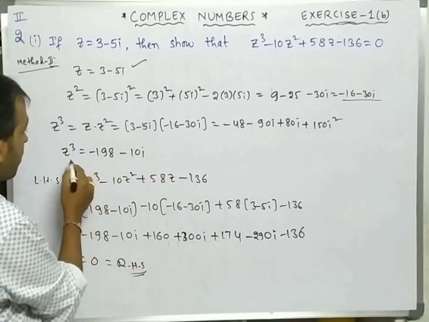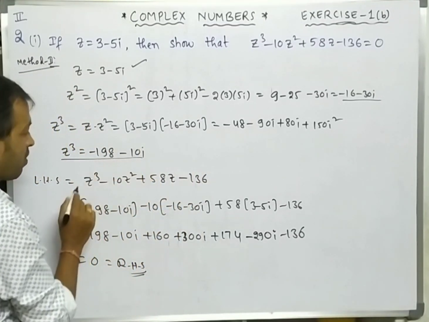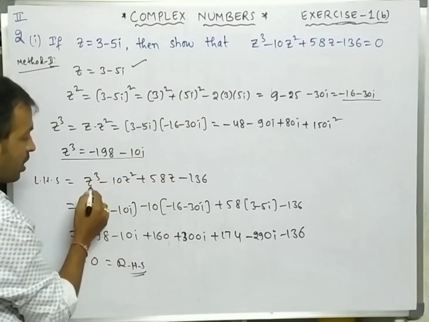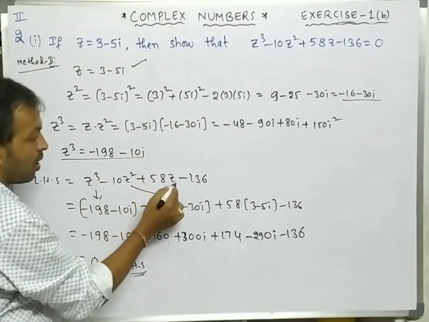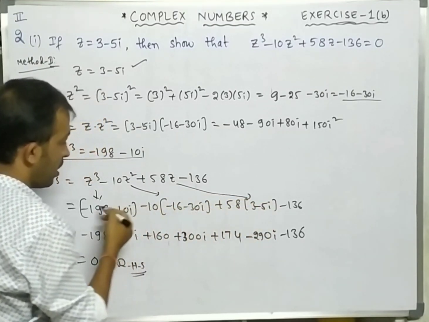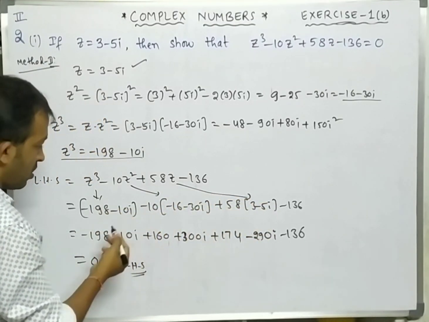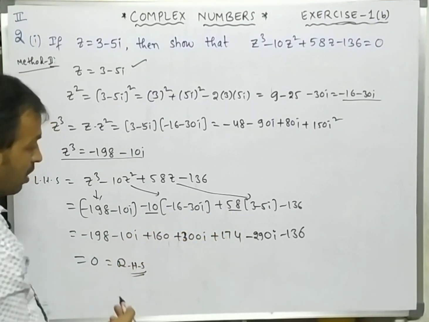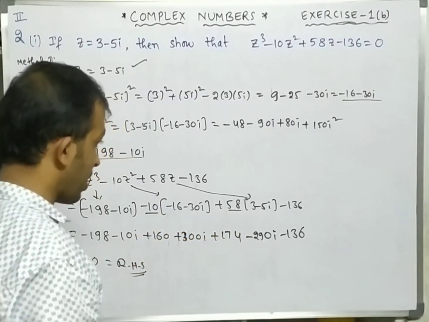So after simplification you will get z cube. Now take the left hand side part, substitute the z cube, z square and z values, multiply each term with its coefficient, then simplify. Finally you will get 0. All terms will get cancelled.